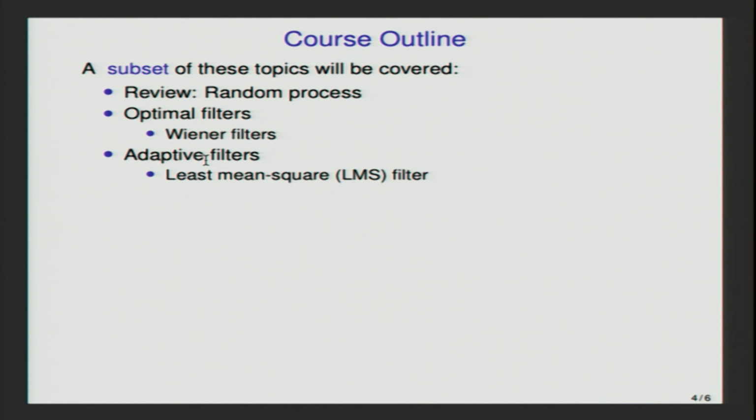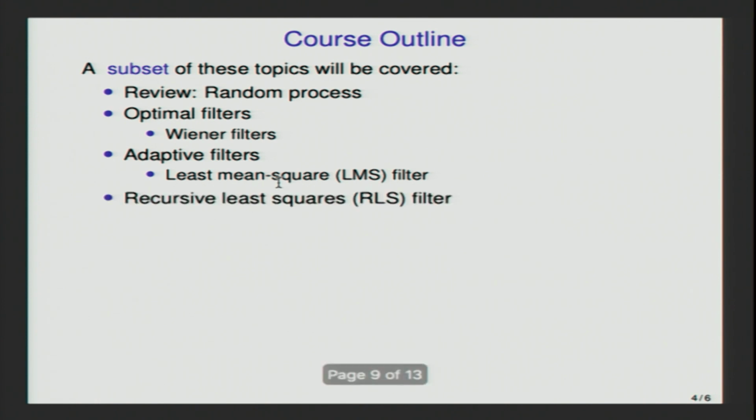That will take us to one of the well-known forms of adaptive filters, the LMS filter, or the least mean square filter. Another variant, which may or may not be looked at as an adaptive filter, is the recursive least square filter, which is an implementation that helps us achieve real world applications in a more computationally efficient way. They have performance better than the LMS filter in certain cases, and we will look at when such filters are more useful.